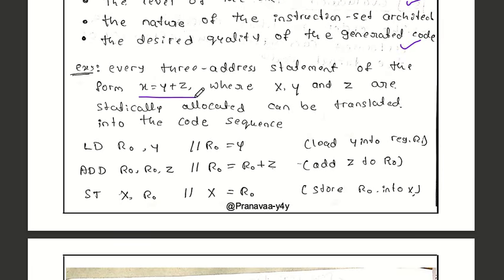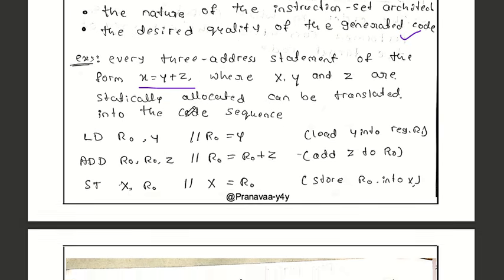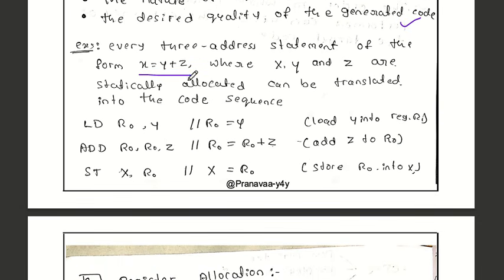Okay, example is there, you just go through this. Example is very simple: x = y + z, three address code is there. You need to assign the values.